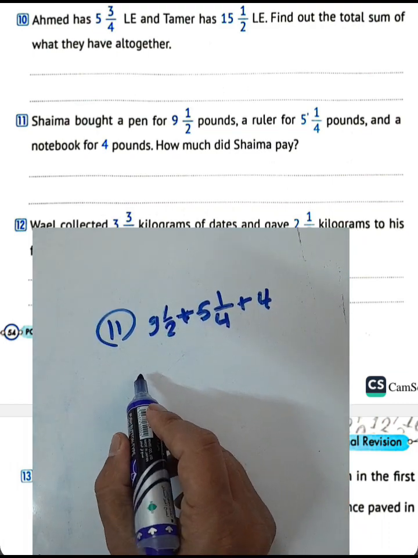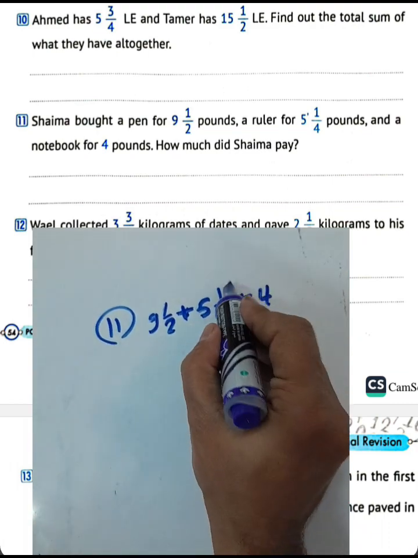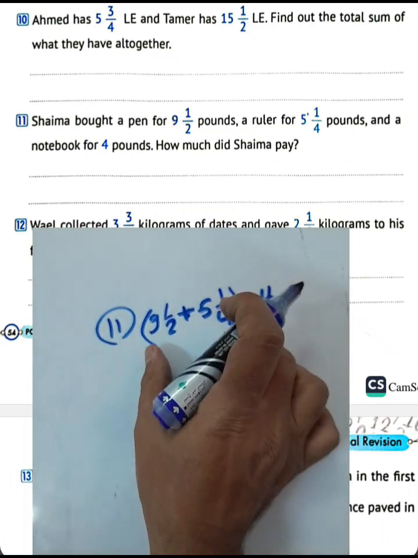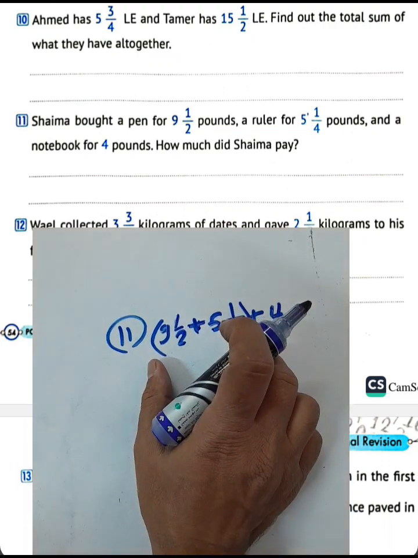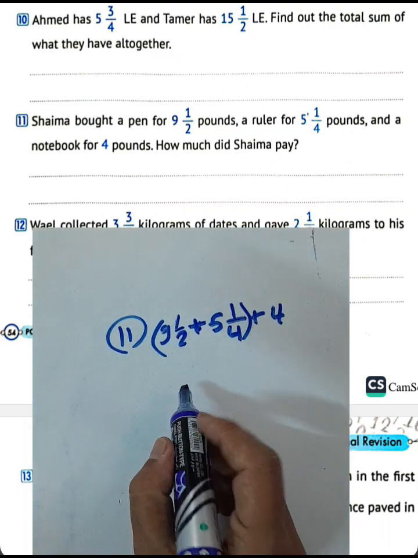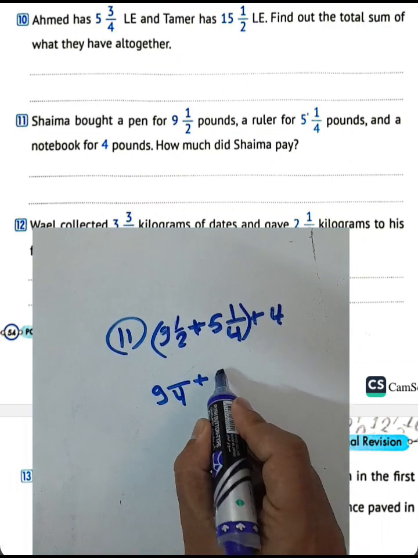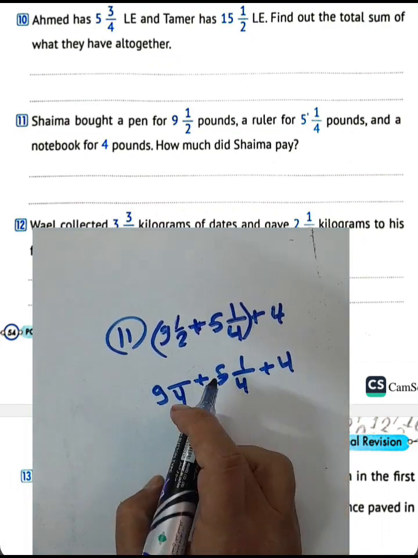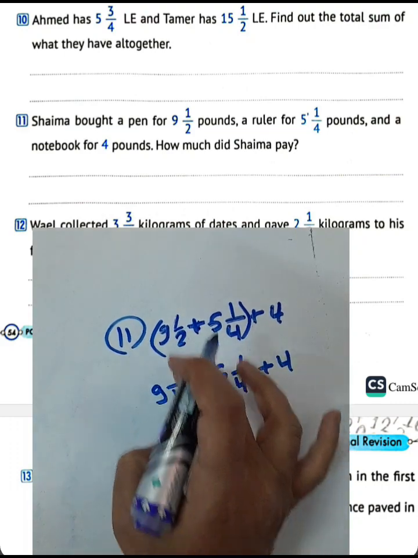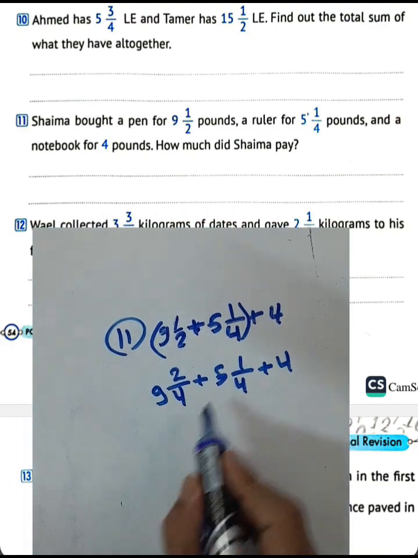Okay, first we must find the result of the two fractions using the commutative and associative properties. For the denominator, it will be 4 because 4 is the least common multiple of the two denominators. 2 times 2 equals 4, and 2 times 1 equals 2.